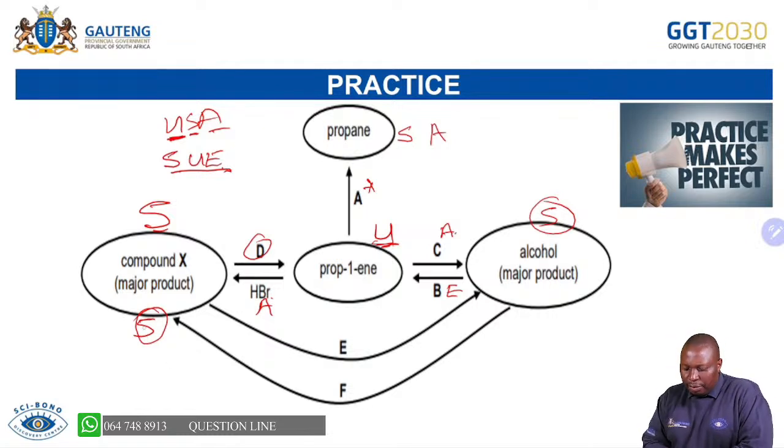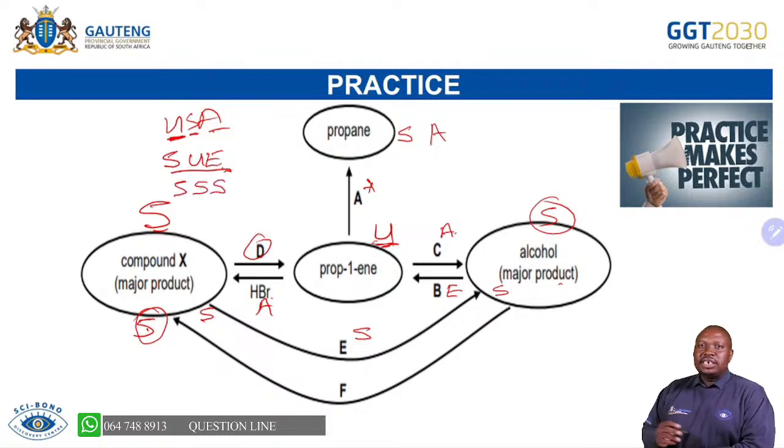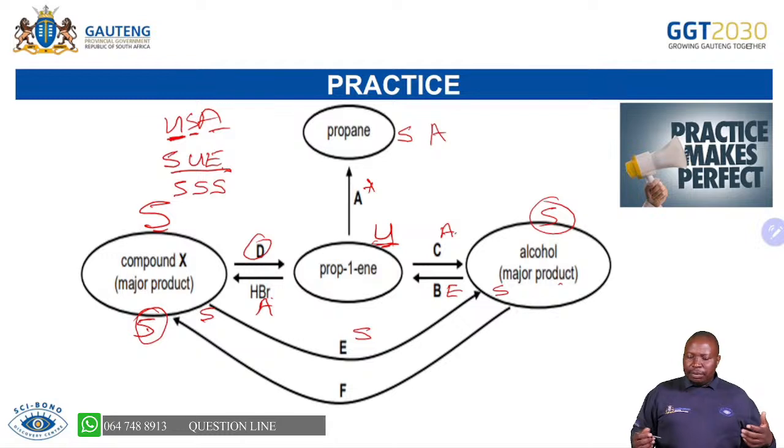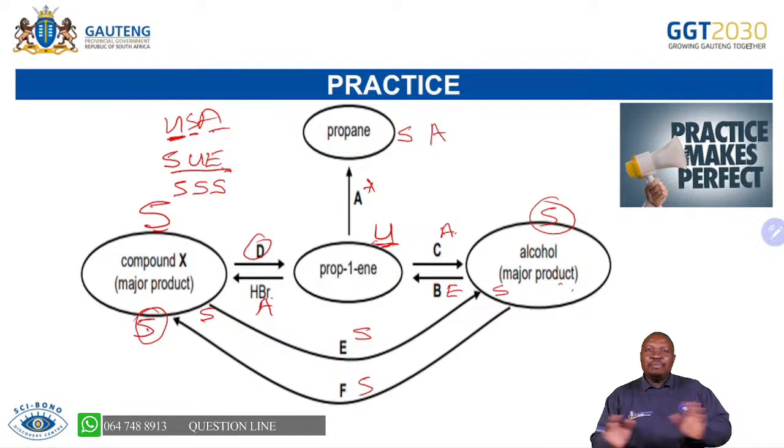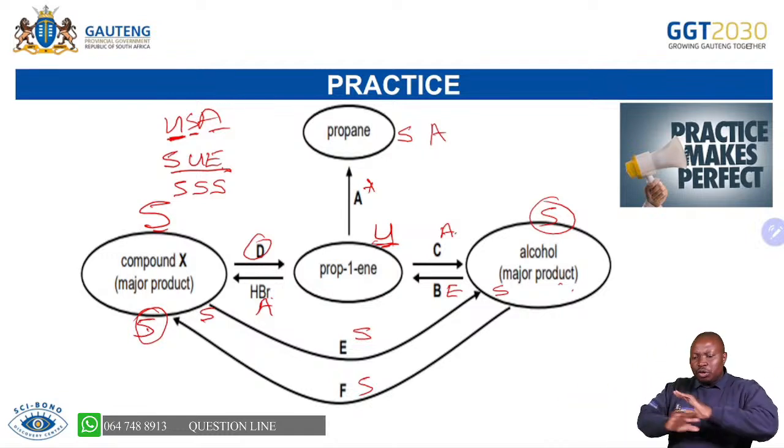So for reaction E, from saturated to saturated, we are starting with saturated and forming another saturated, and that must be substitution, because it said triple S. I want you to practice this until you understand and are able to look and say: this is saturated forming saturated, that is substitution. So these types of reactions, you get them with no problem.